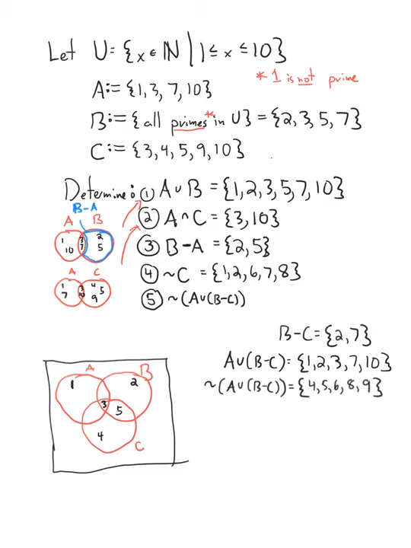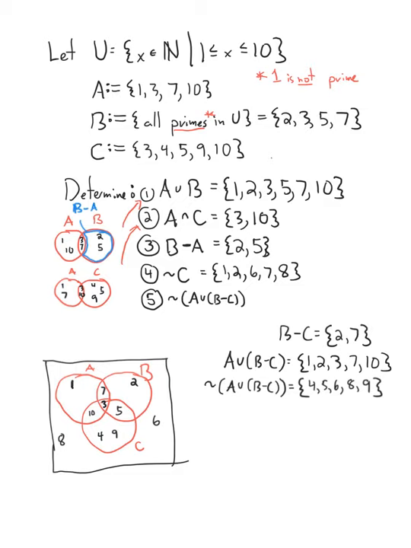6 is in none of these. So 6 lives outside all three circles. 7 is in A and B, but not C. So 7 lives here. 8 is in none of them. 9 is only in C. And 10 is in A and C, but not B. So 10 would live there.